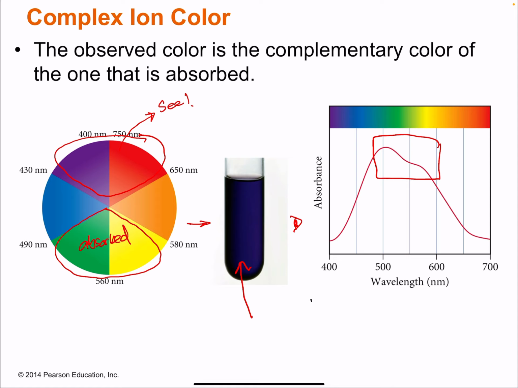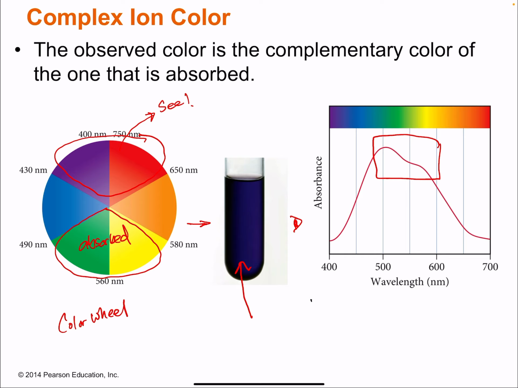Please know this complementary color circle that I showed you last time is called the color wheel. You should be able to draw the color wheel and determine the color that you see based on the color that's absorbed. If you only absorb a green color, you see red. If you only absorb a yellow color, you see violet.